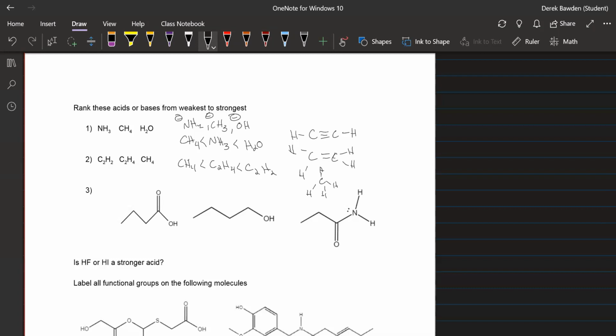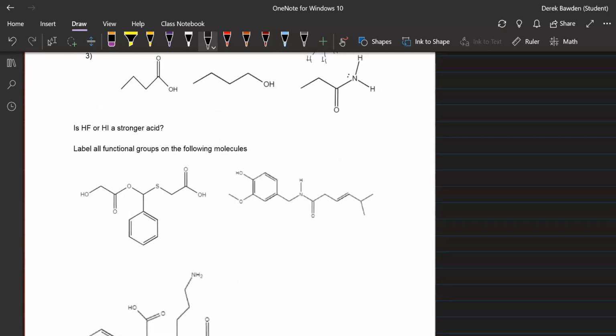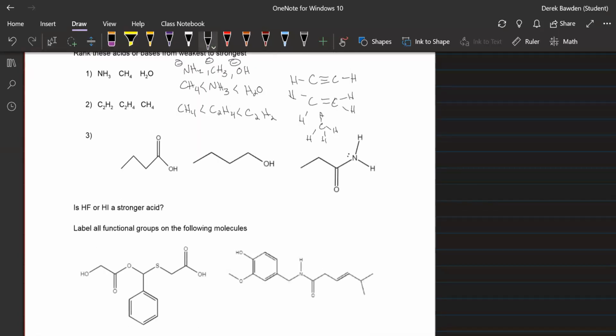Perfect. Let's talk about number 3. So if we had this proton leave, then we'd have a negative charge here, which can resonate. Here we just have a negative oxygen with no way to resonate.